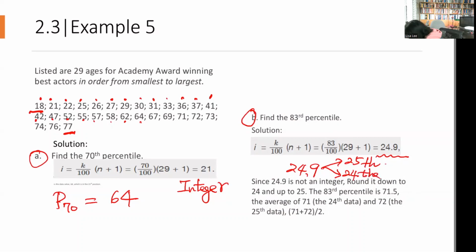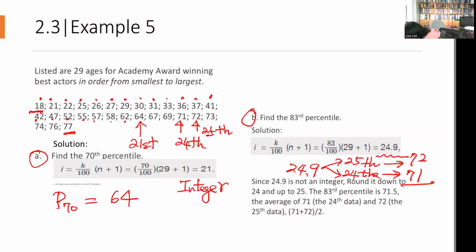So we will look for the data. For the 24th, remember the earlier example, we counted to the 21st already. It's here. So 22nd, 23rd, 24th is the age of 71. Write that down, take a note: 71. When you round 24.9 up, it is the 25th, the next integer, which is the age of 72.